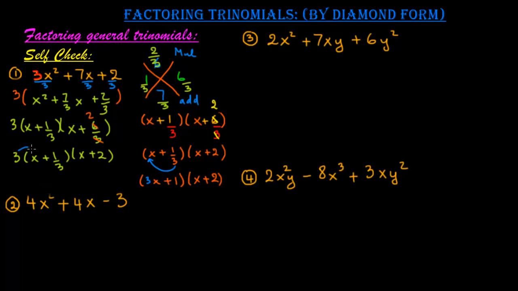Then we distribute this 3 into the parenthesis, and we will have 3x plus 1 times x plus 2. And they match with the answer we had before. So this is basically a partial proof, where I proved it by numbers, not by theory. So we see how it makes sense, and this method always works.